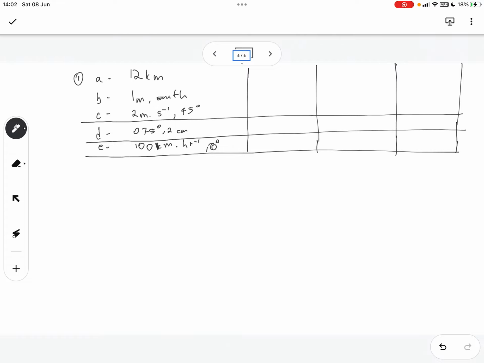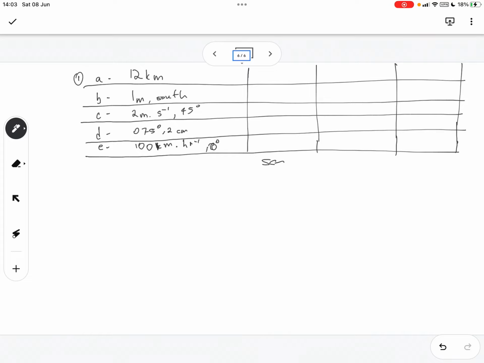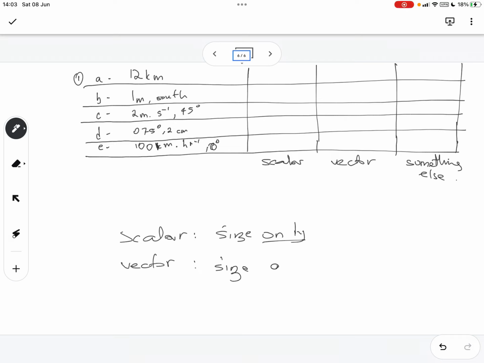Okay, so we can do that other table again. Vector, scalar, or something else. Let's do that exercise again. So scalar, vector, something else.